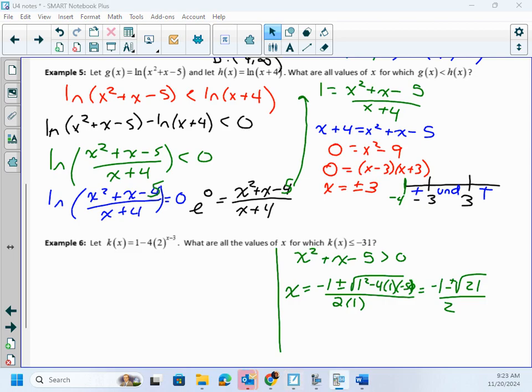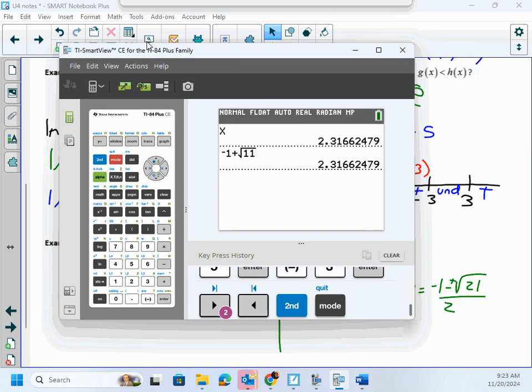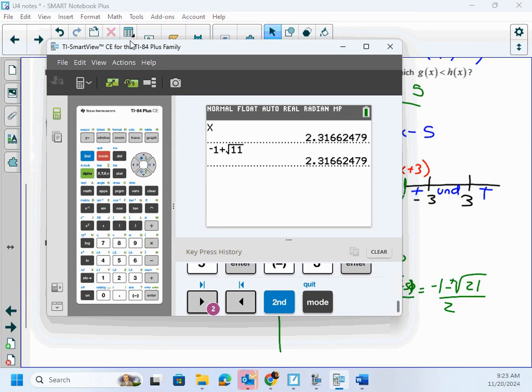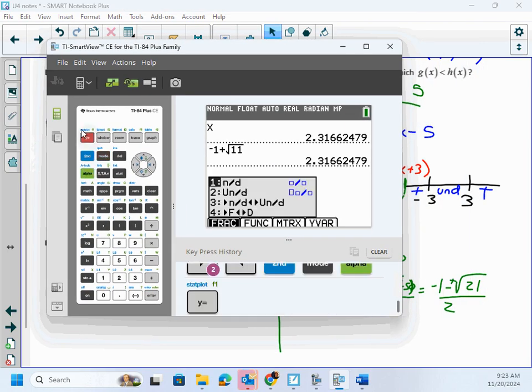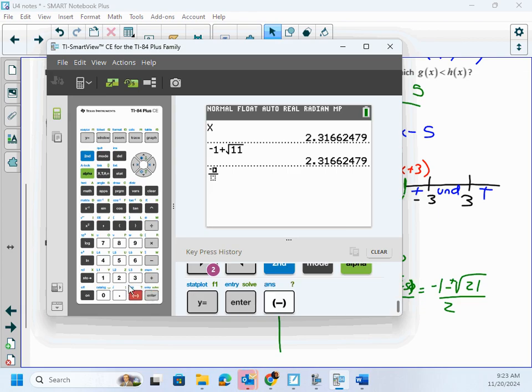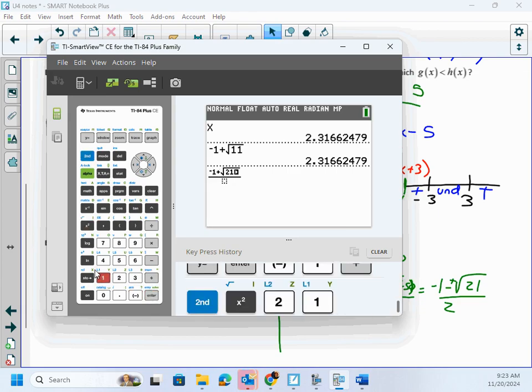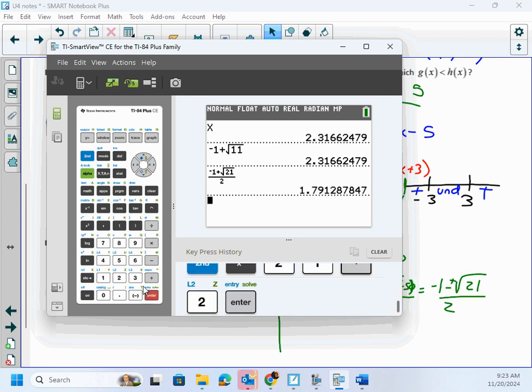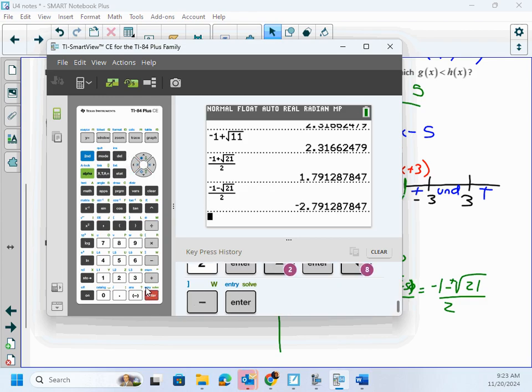So I'm going to take a calculator. I'm going to do negative 1 plus the square root of 21 all over 2, and then I'm going to take this minus this. Now, these two numbers actually are important to me.